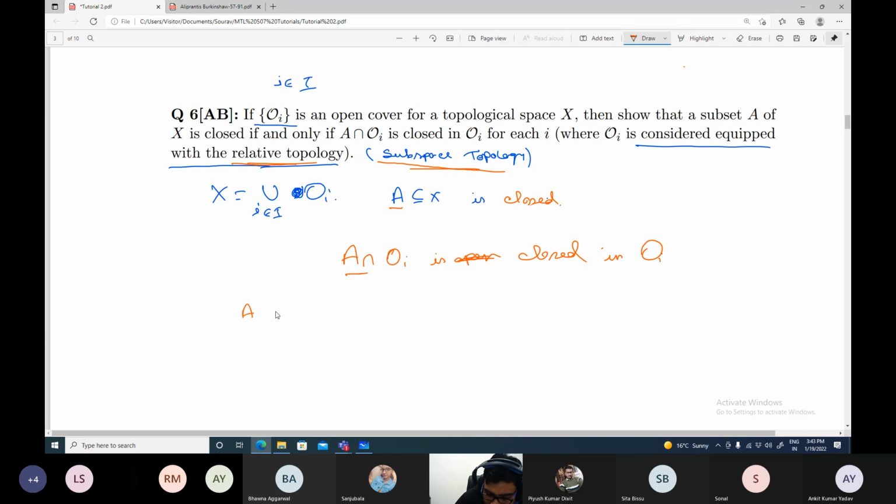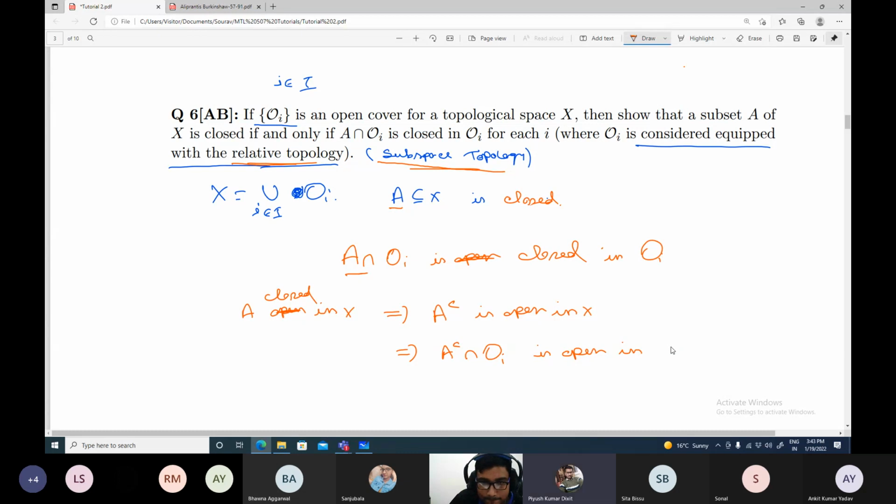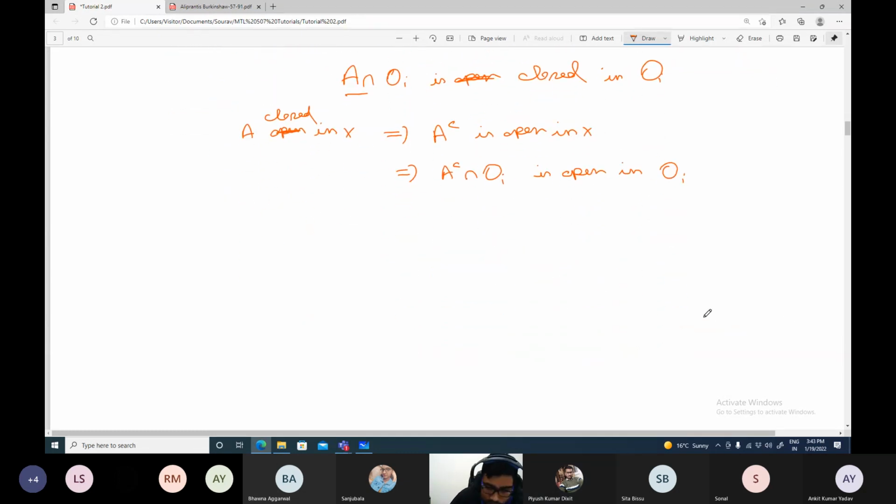Now see, A is closed in X. This will imply A complement is open in X, and this implies A complement intersection O_i is open in O_i.